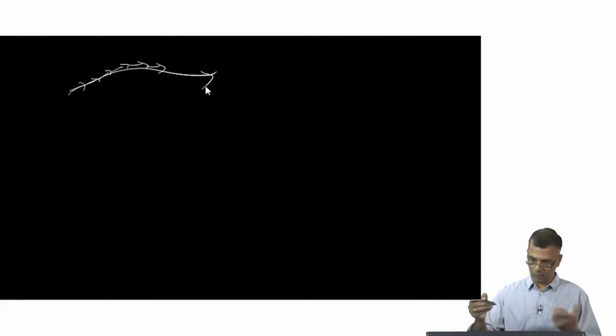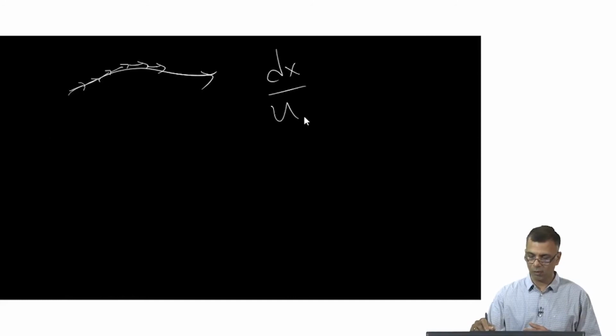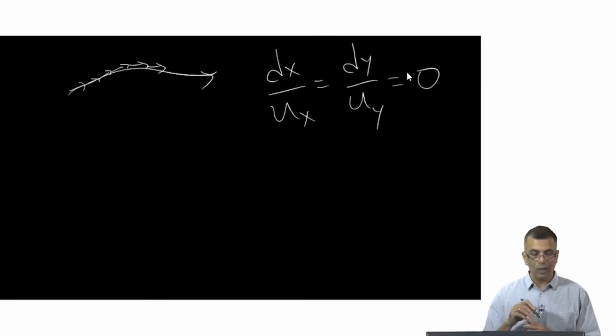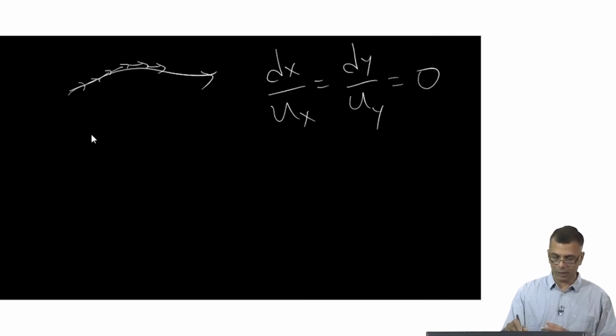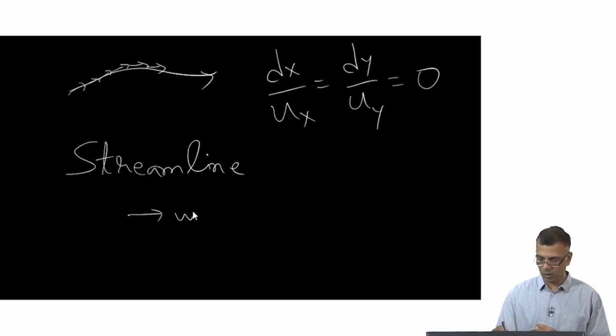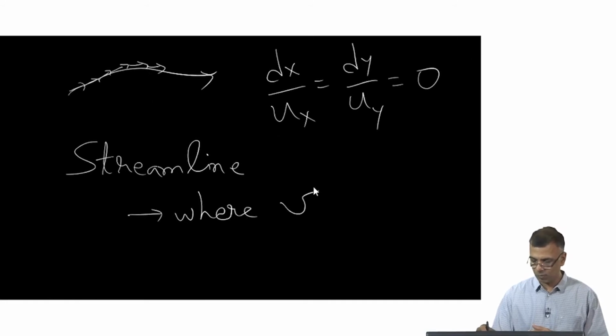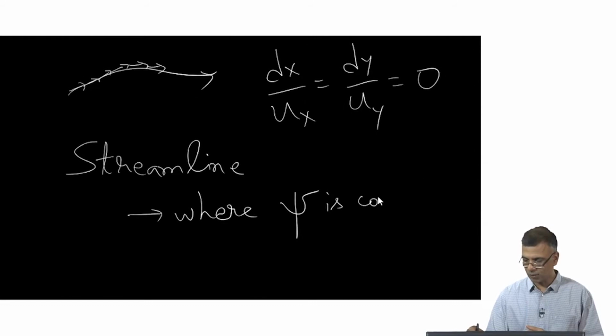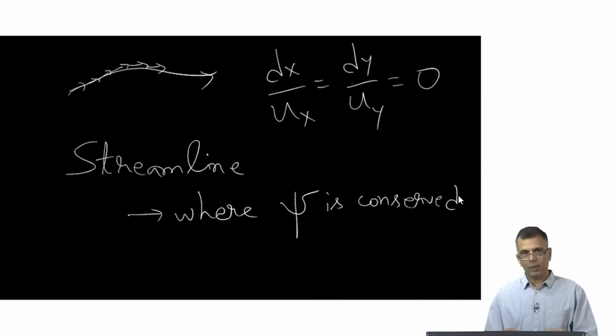You can also write it as one where the stream function psi is conserved. In other words, each streamline has a particular value for psi. Psi labels a streamline.